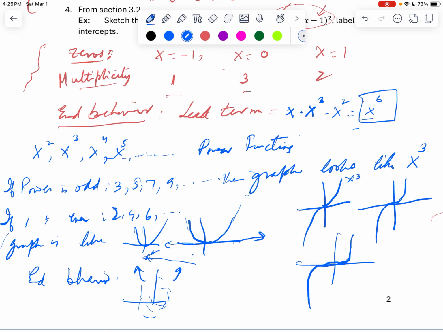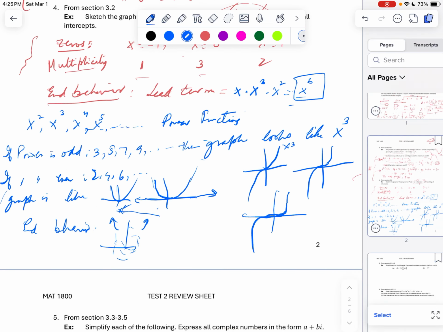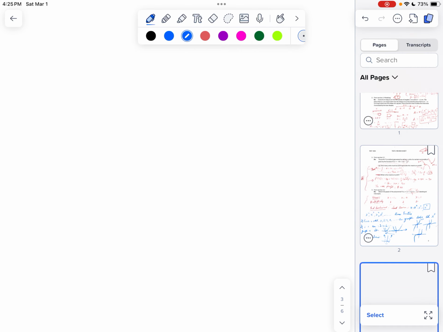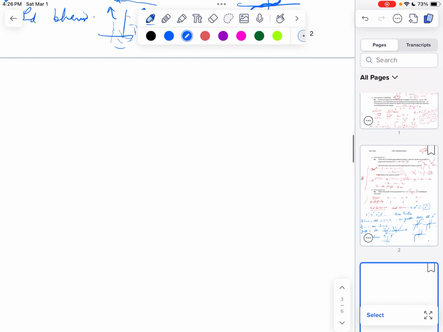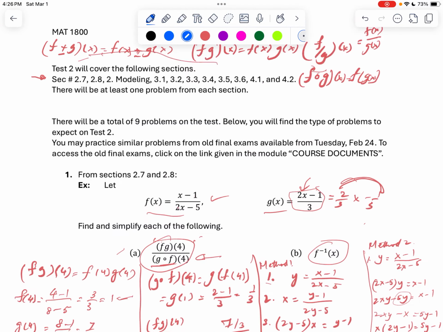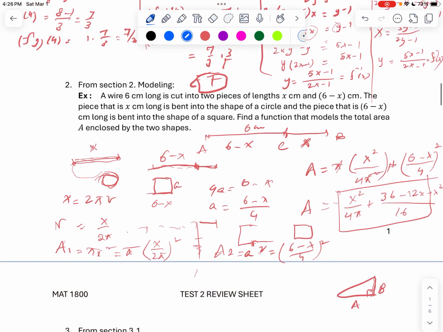Okay. So the next thing we do is, I'm going to erase this now. Actually, I will add a page. Okay. So we saw that the end behavior is, so this is what we do.